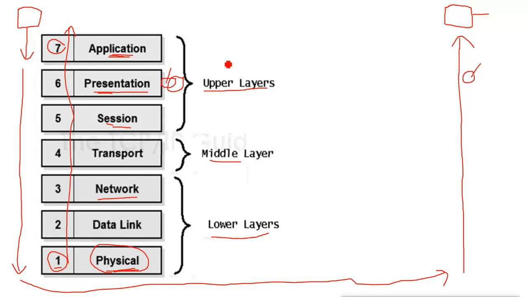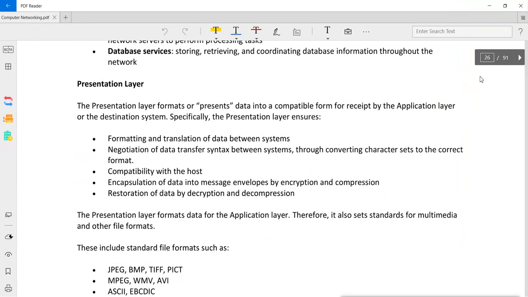And if it was compressed on the sending side, then it will be decompressed on the receiving side. So it compresses and decompresses. That means it re-encapsulates the data, making an envelope of encryption and compression. Then at the other end it does restoration of data by decryption and decompression.